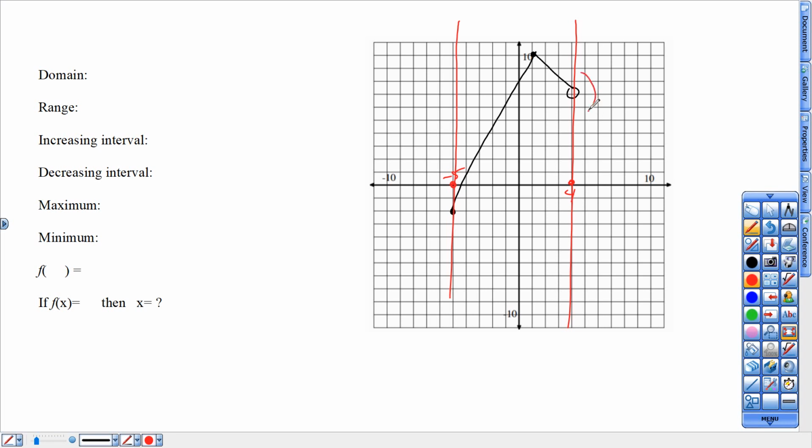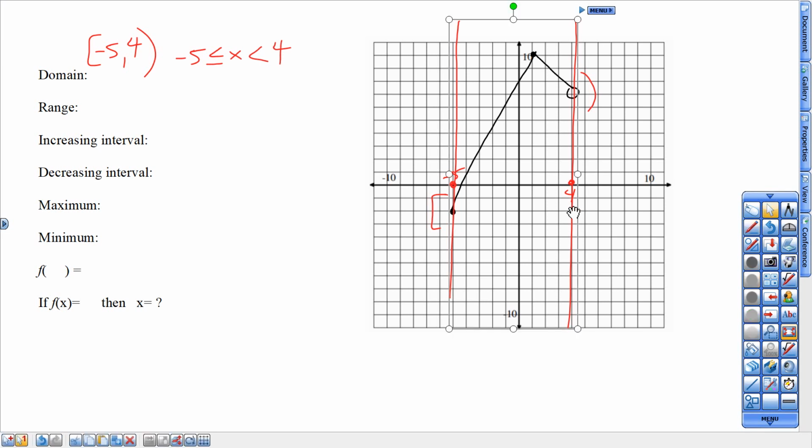This left side is going to be square because that circle is solid. So my domain would be square bracket on -5, comma to 4 rounded. And if I wrote that as an inequality, it would be -5 less than or equal to x less than 4. That's my domain, left to right.